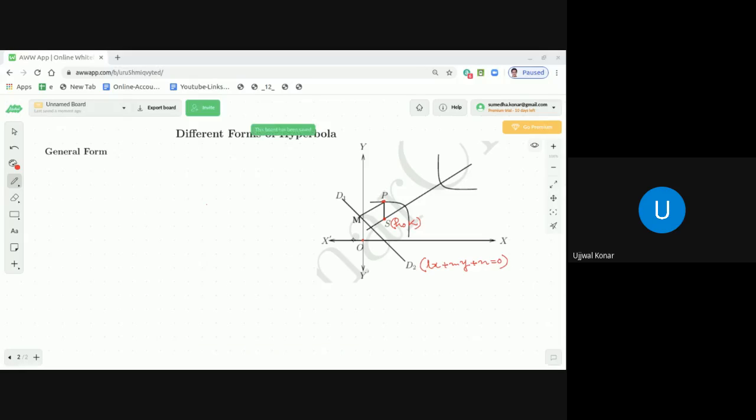Now, let us assume the eccentricity of the hyperbola to be E. And in this case, as we define, E is greater than 1. So let me write down what I just said.